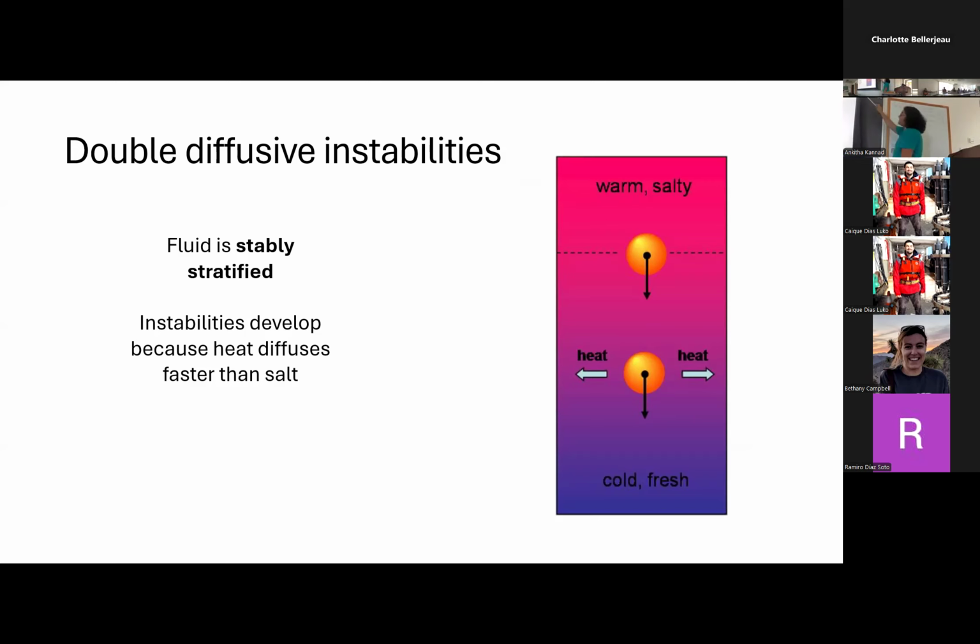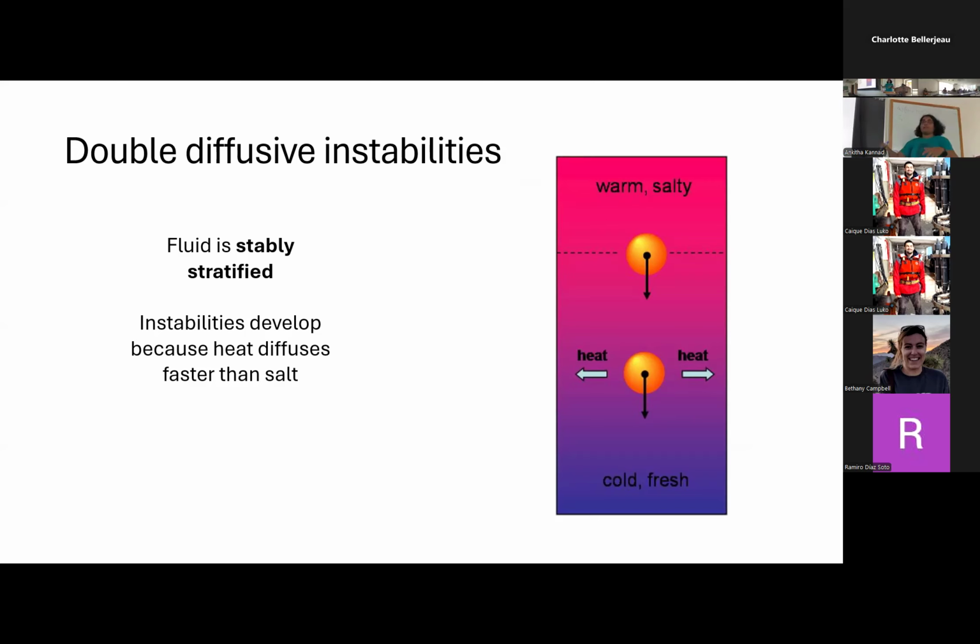If you have warm and salty water over cold and fresh water, the warm and salty compensates, so in the end the density at the surface is lighter than the density at the bottom.